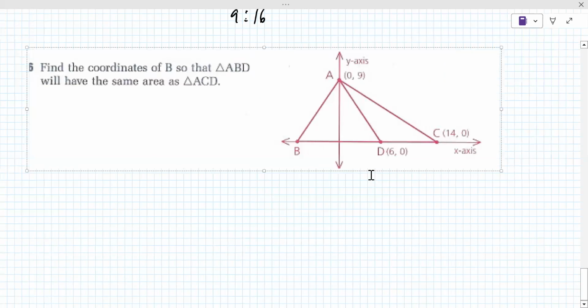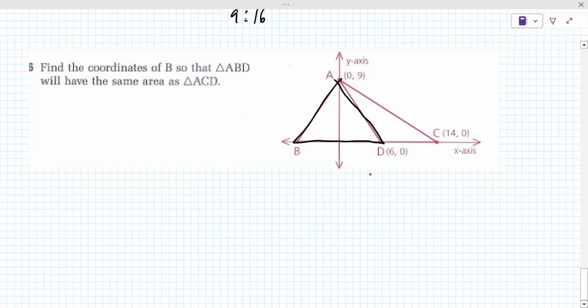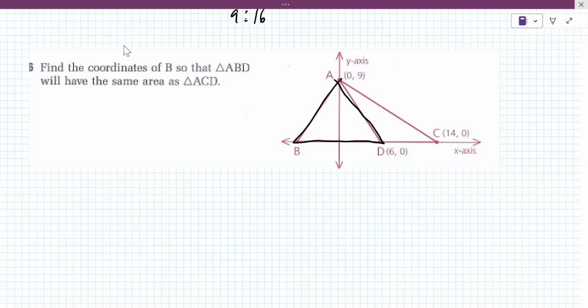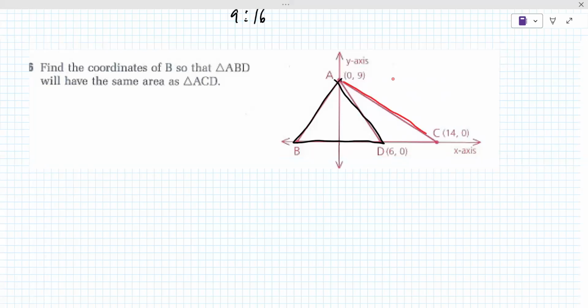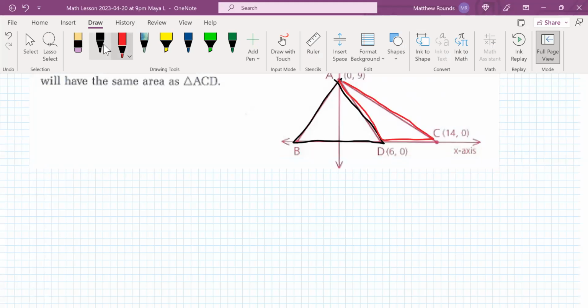Find the coordinates of B so that triangle ABD, sorry, can't read that one, ABD will have the same area as triangle ACD. Okay. All right, so what we can't assume is the symmetry.